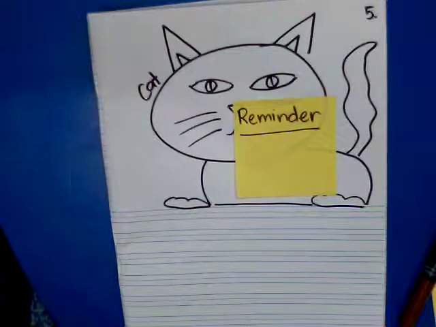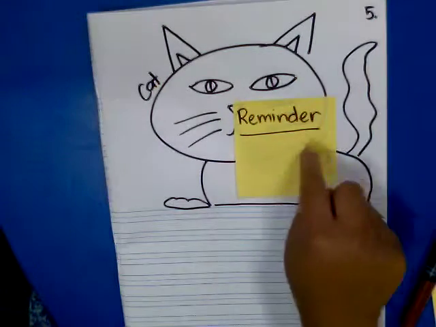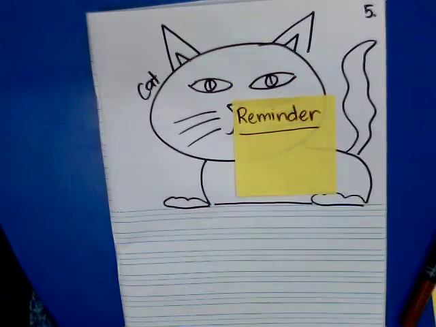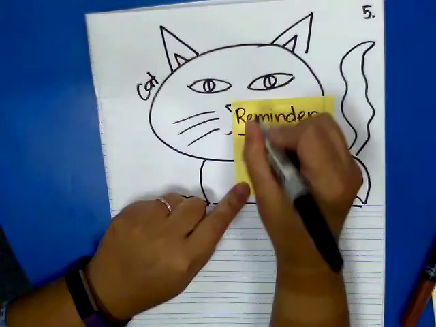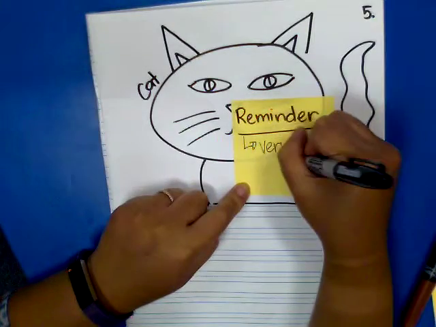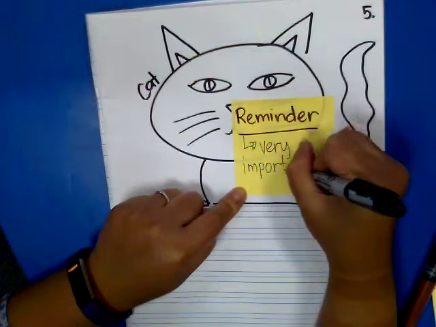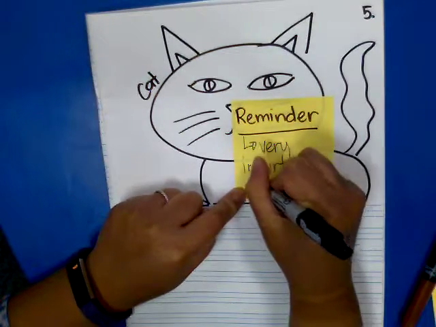We are going to say, so, we're writing about cats. Is that a right way to do this? I don't think so. Now, in order for you to set a reminder, you need to think of something that is very important. It's a very important detail.